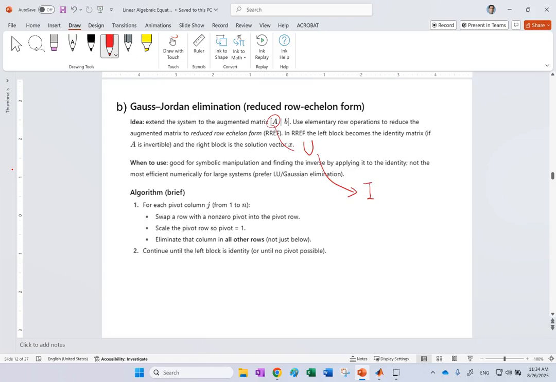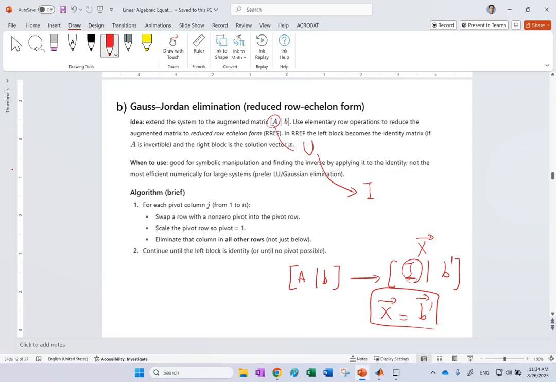So in the original system, which is A and B, you converted into I and some new B prime. Since the identity matrix times any unknown vector x is equal to x, your solution x is directly equal to the right-hand side B prime.